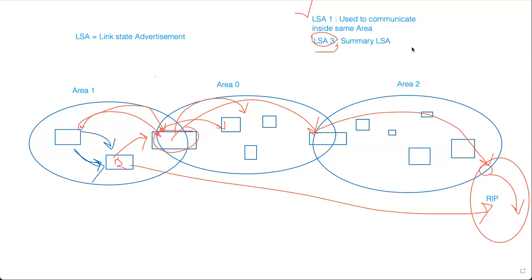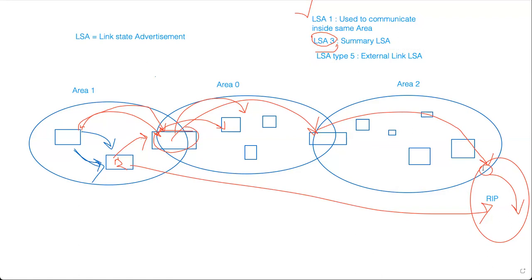That will be known by LSA type 5, which is external link LSA.